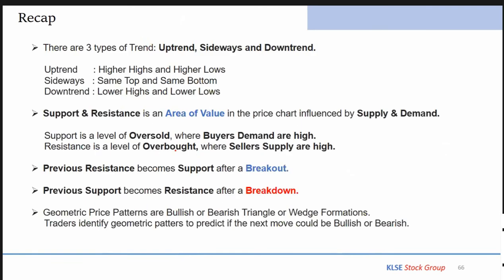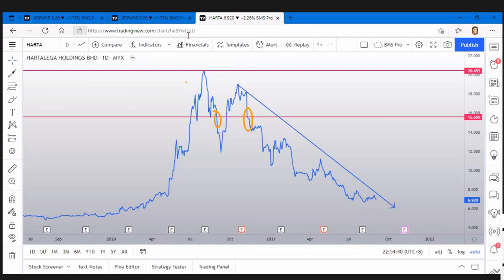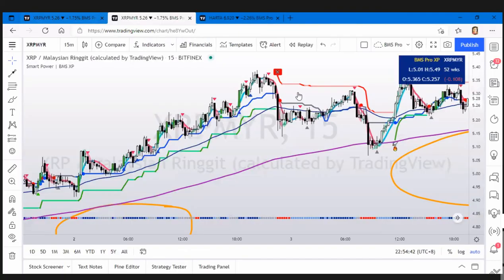So you can refer to this PDF for revision to understand support and resistance. Most important is, with the help of the BMS indicator, we don't really have to draw the lines.